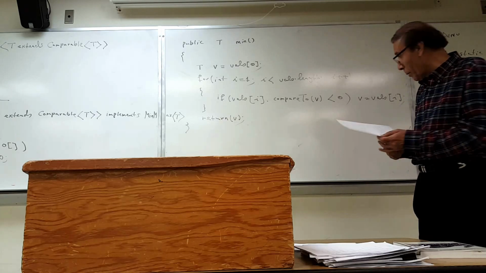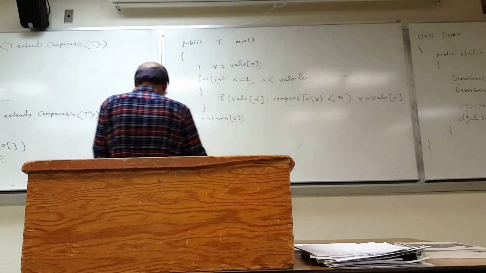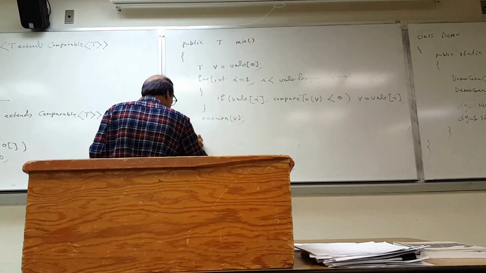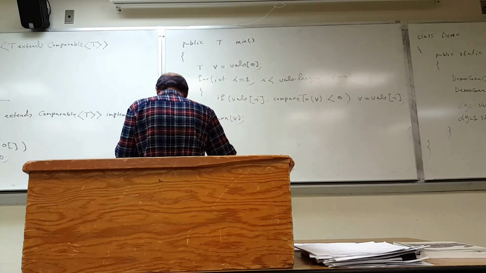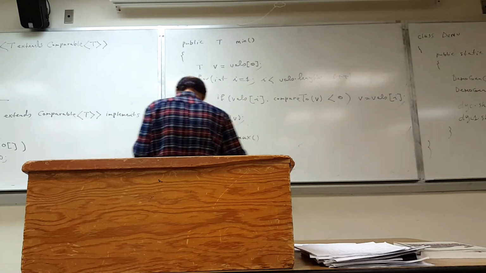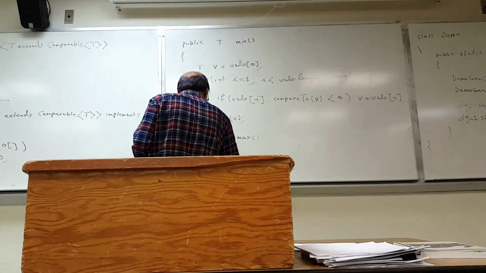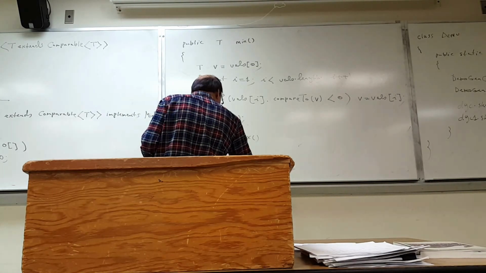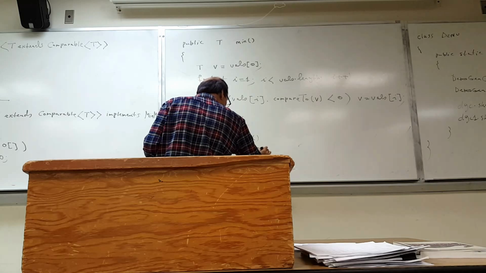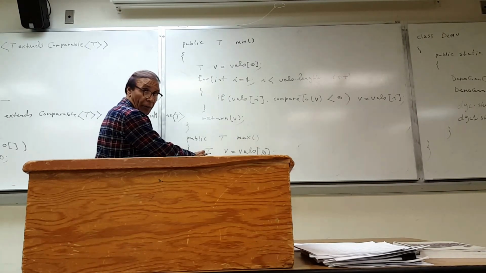Let's go and make a max to complete this program, and that's about it. You could try it on your computer to see how it's going to work. Public T max. T V equals vals sub 0. See, everything is generic.